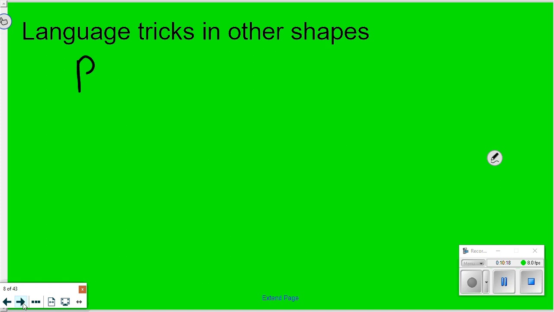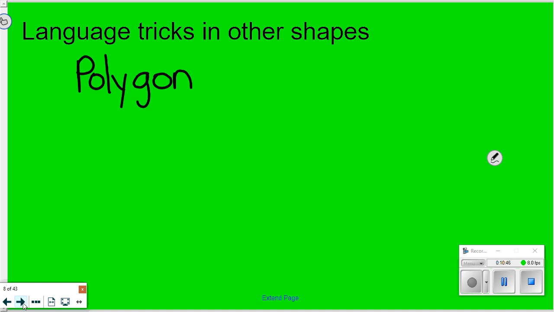Underneath this, we're going to write polygon. Raise your hand if you've heard of that word. I probably have said this, yes. Does anyone know what a polygon is? Kaden, what do you think? It's a shape that doesn't have... Kinda. Write polygon first.